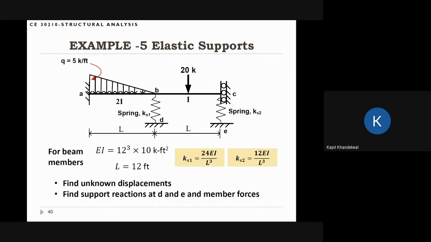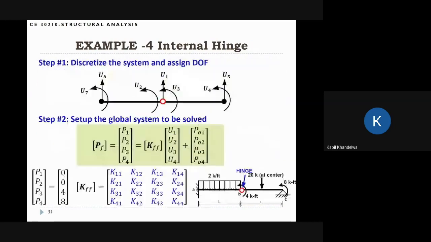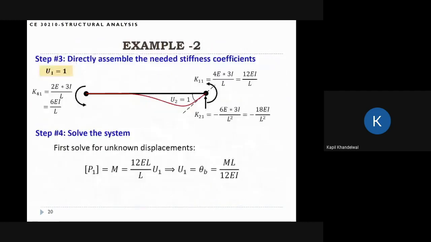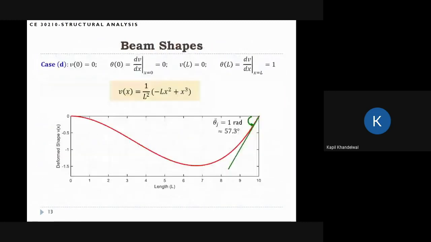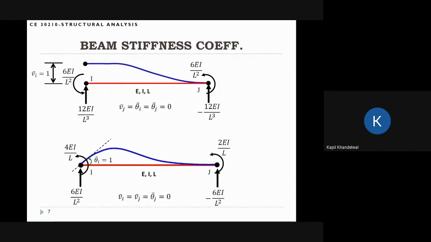The most important thing I want to emphasize is, again, all these examples I'm just doing with the help of these numbers here. If I go back, all these examples, I'm just using these stiffness coefficients.